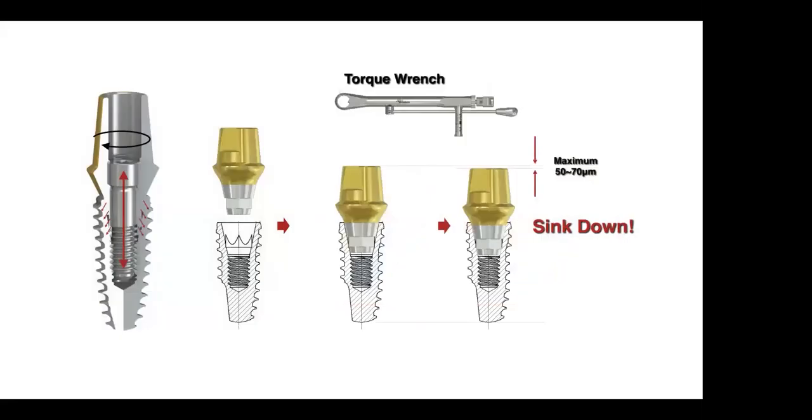Why is it a problem? Because what could happen to an internal friction type connection is that the abutment can be seated deeper over time as a result of the settling or sinking phenomenon.